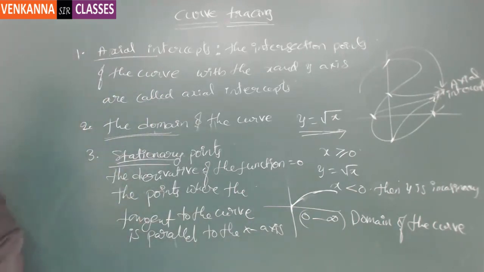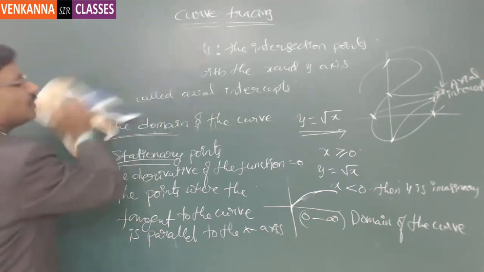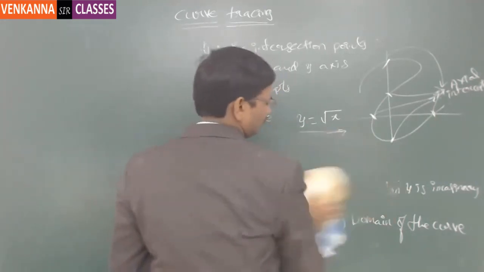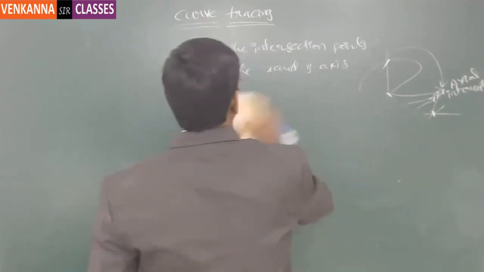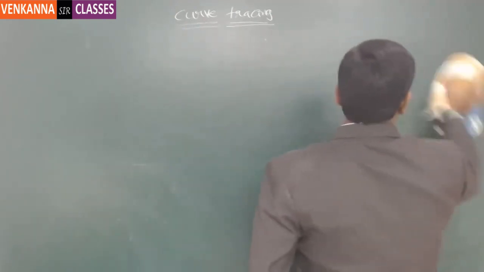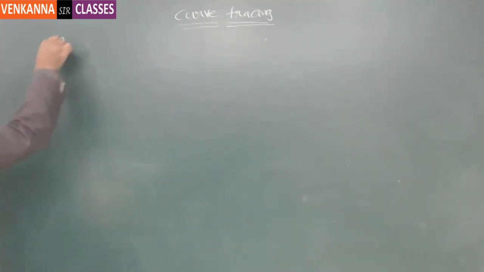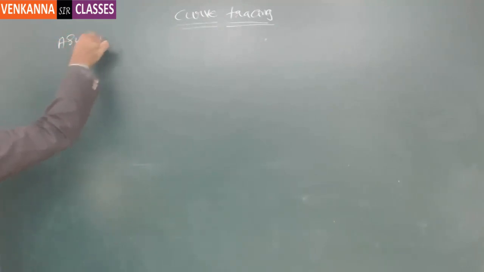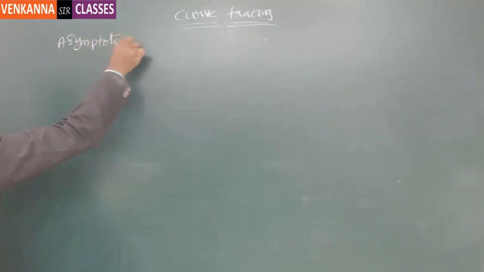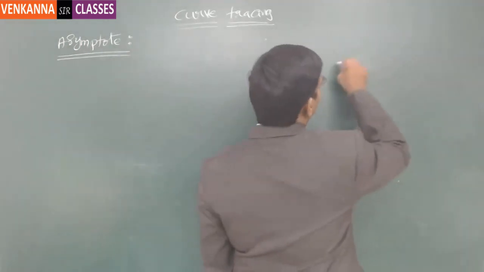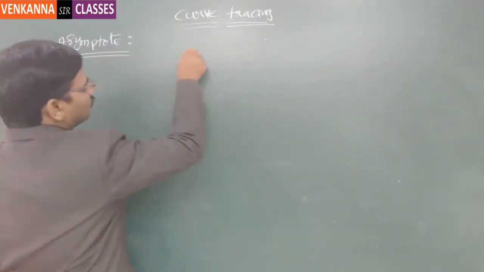You just note this down. And one more important aspect is the asymptote. By asymptote we mean, let us say, suppose I take the curve y is equal to 1 by x.